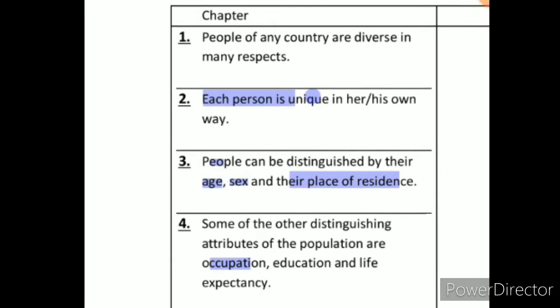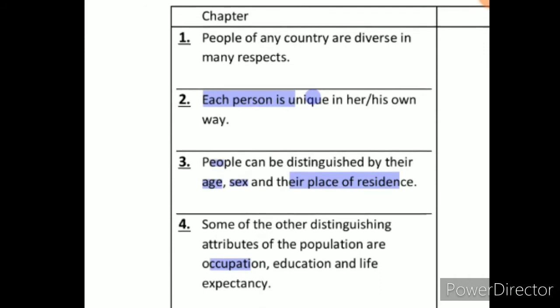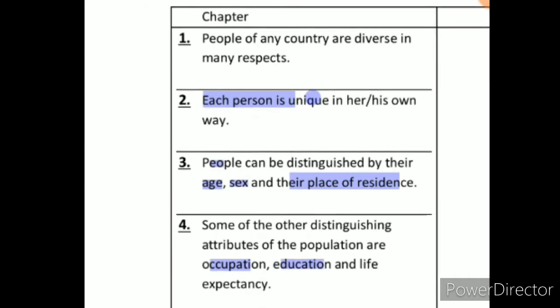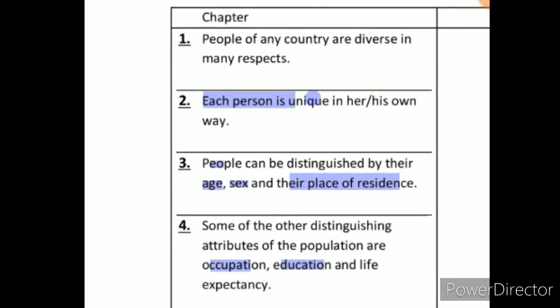Someone is practicing primary activities, someone is working in some industry, someone working in some school, like that. They can be differentiated according to education. Someone are degree holders, someone postgraduates, someone in school. And life expectancy.